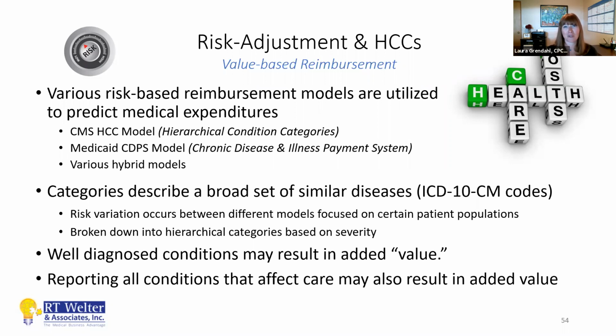Because that's what insurance companies are worried about, right? How much is this going to cost them? So we really want to make sure that we're adequately reporting so that we're also getting reimbursed properly for that patient.